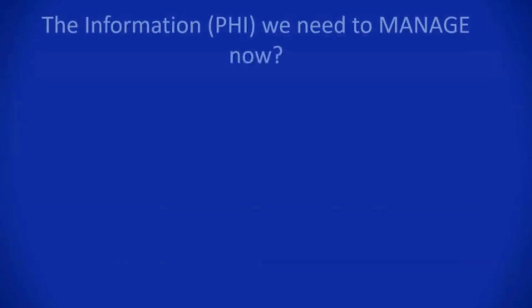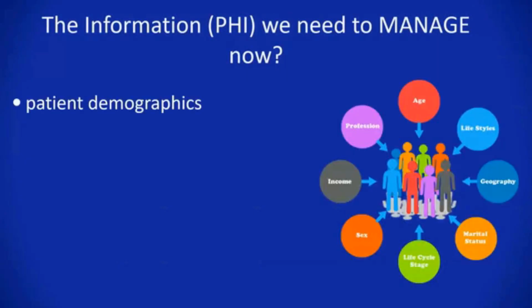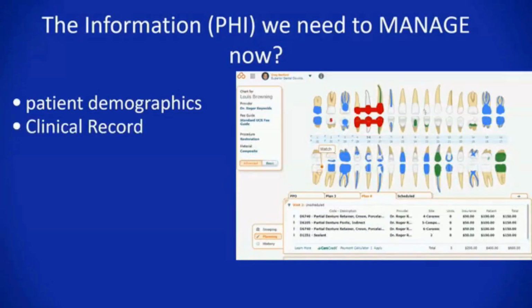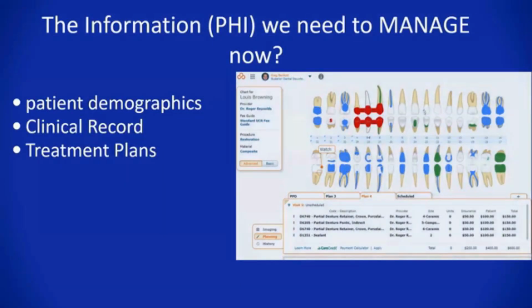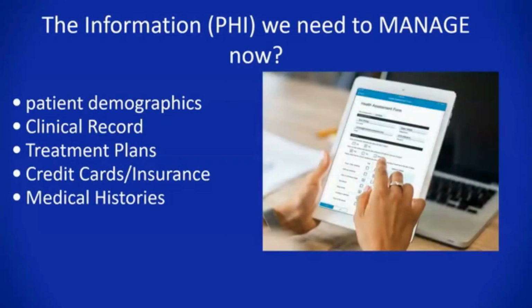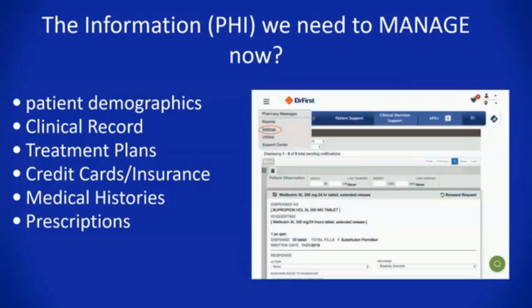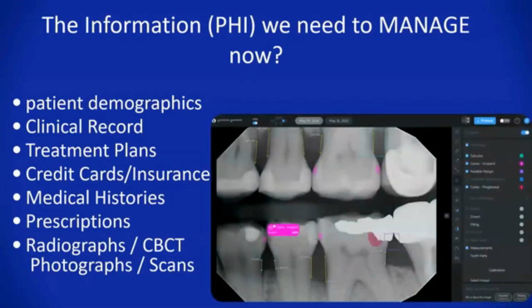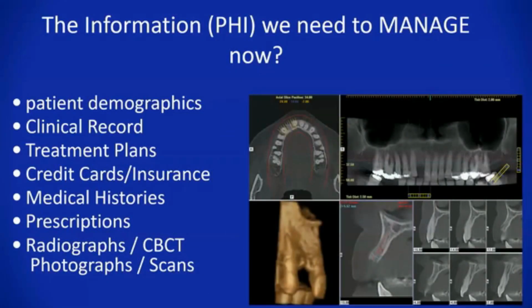Because if you think about now, it happens slowly over time, but the information that we need to manage now: your patient demographics, clinical records and treatment plans, credit cards, insurance information, patients' medical histories, and on and on and on. Radiographs, CT scans, photographs.